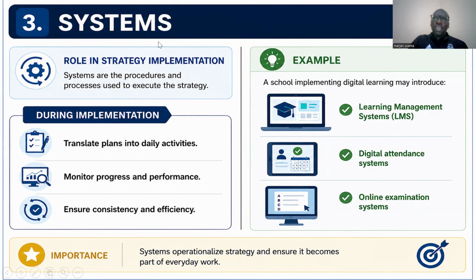In our example, a school implementing digital learning may introduce a learning management system, and every student is given an ID. Then you have a digital attendance system. Like every lesson, if you attend a lesson, there is an attendance. They can easily monitor who is attending the classes and who is not.